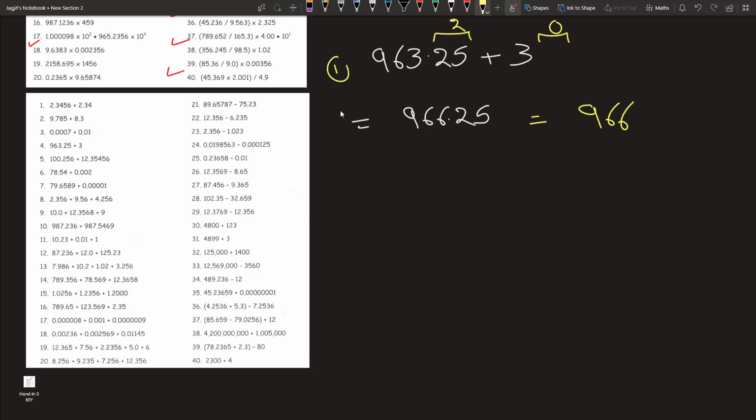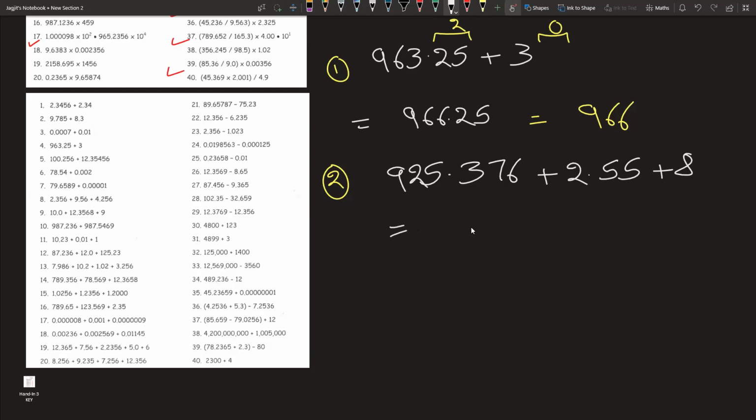What if I have more than one? What if I have 925.376 plus 2.55 plus 8? So you add those up first. Add them up.